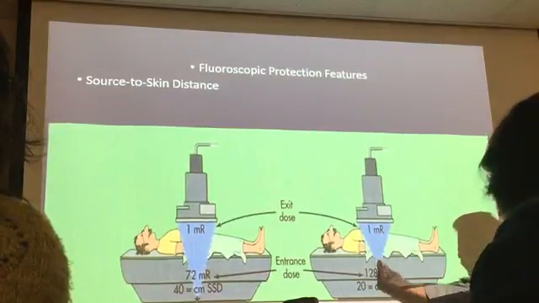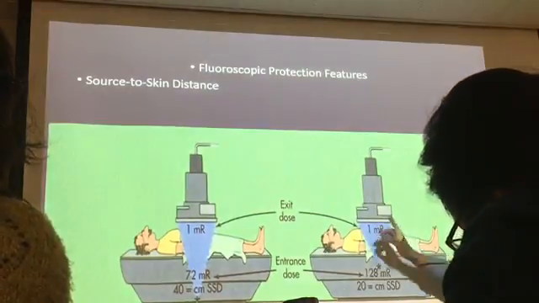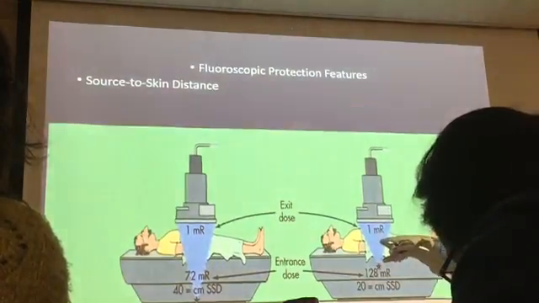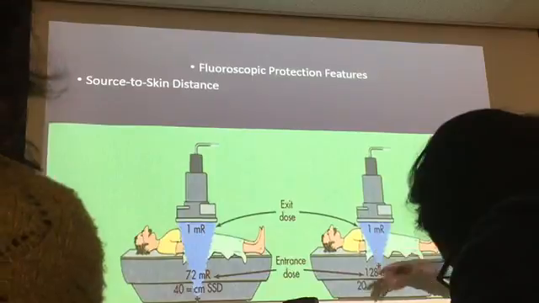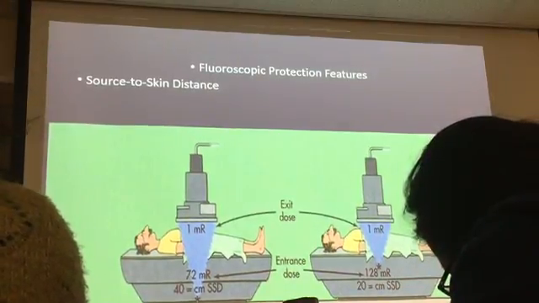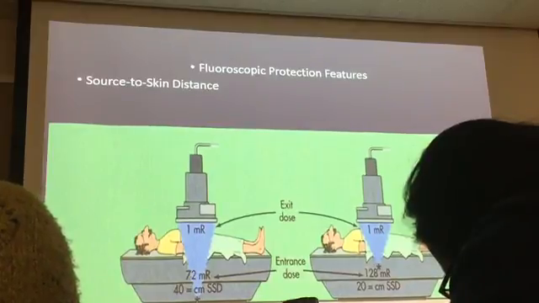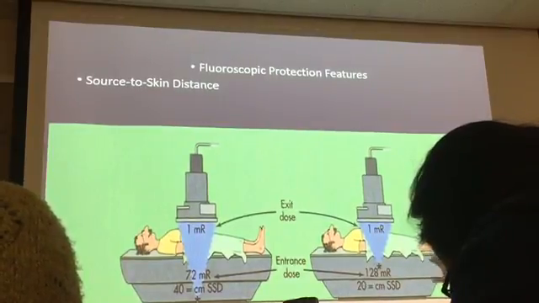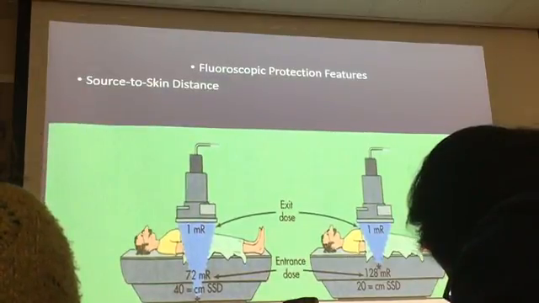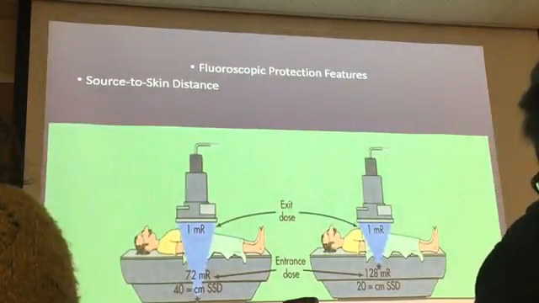The primary beam is in a straight line, no problem to us, we're not going to put our bodies in the primary beam. But when it hits the patient, all that scatter being created is what will hit us. That's the problem. So keep in mind that the less exposure the patient gets, the less exposure we get.